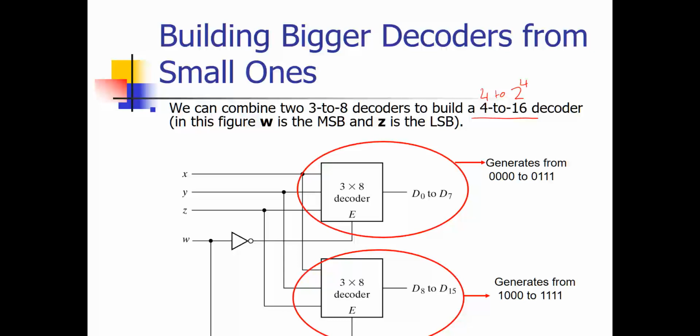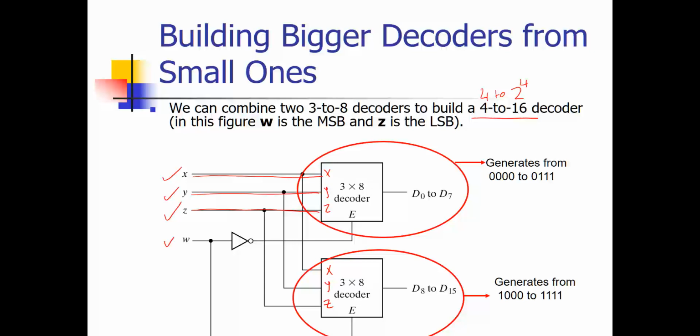You see that the inputs are X, Y, Z, and W. The X, Y, and Z are fed to the upper and the lower decoder.